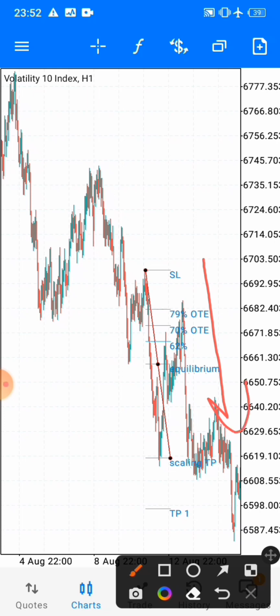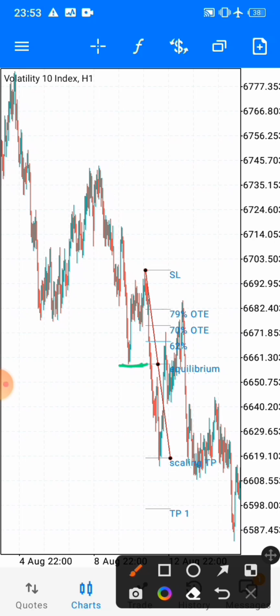And if it's a buy, we go from the lowest point to the highest point before the break of market structure. Here we've got a break of market structure right there.